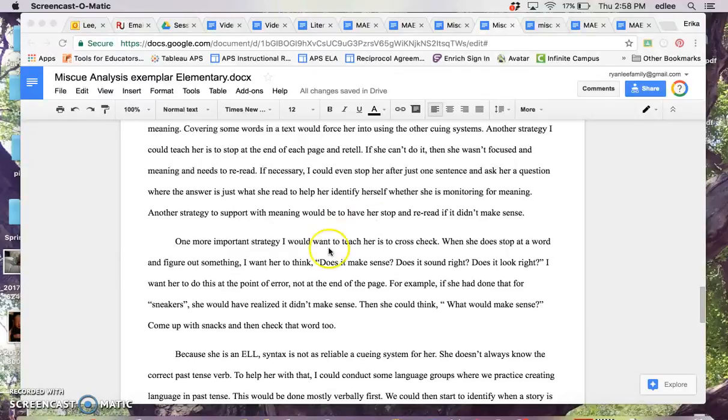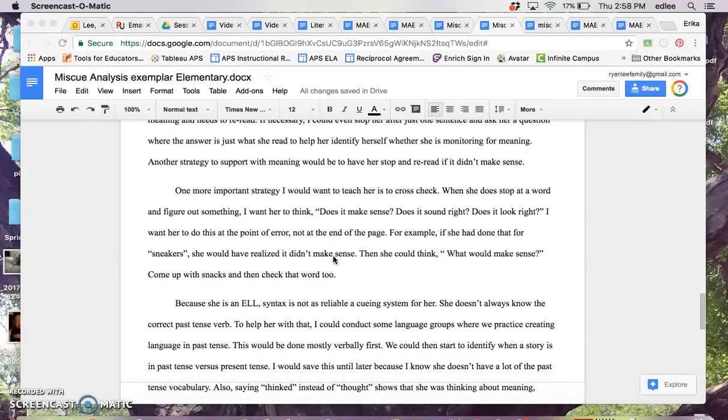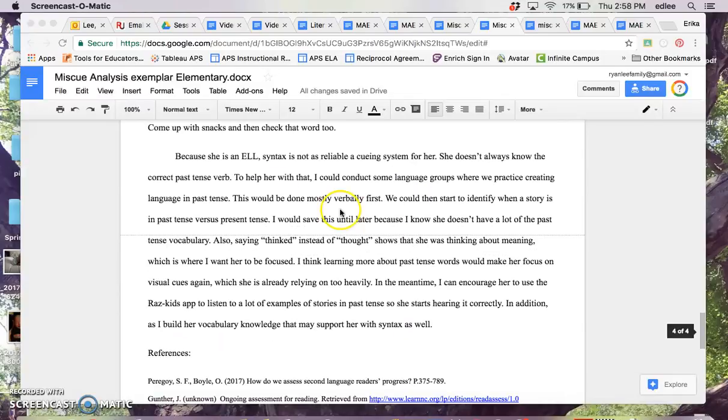You can see here that the teacher also addresses how she would support the syntactical system. Really, that syntactical system answers the question of, does it sound right? Oftentimes, the syntax system is a very unreliable cueing system for English learners, depending on their level of language proficiency.